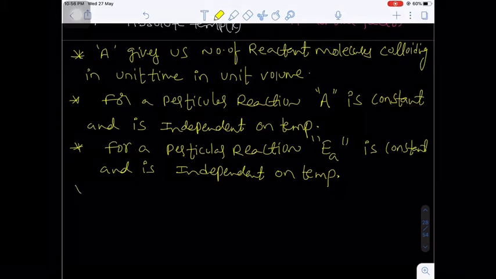Okay, now generally activation energy depends upon the nature of the reacting substances.